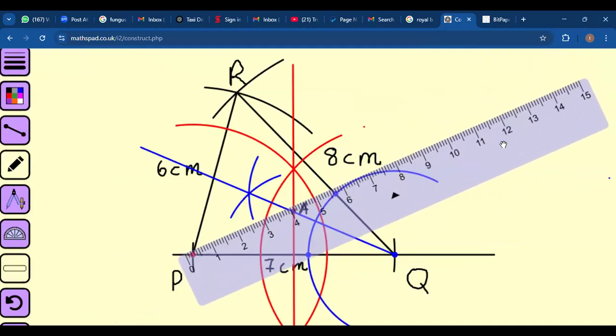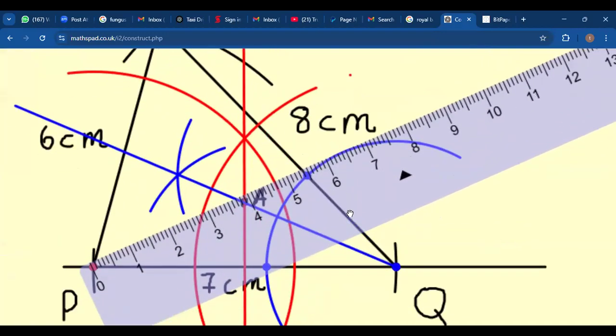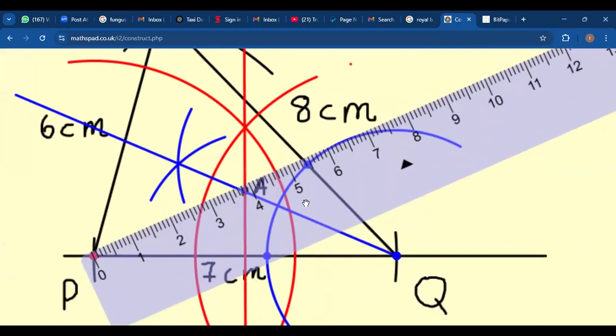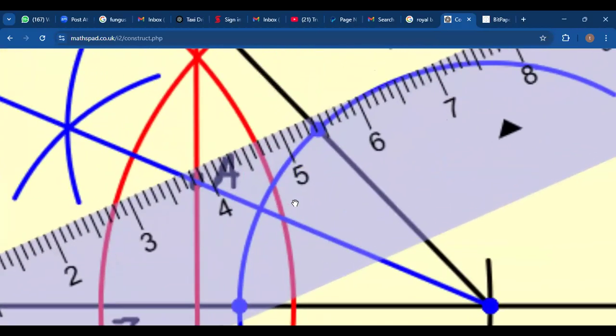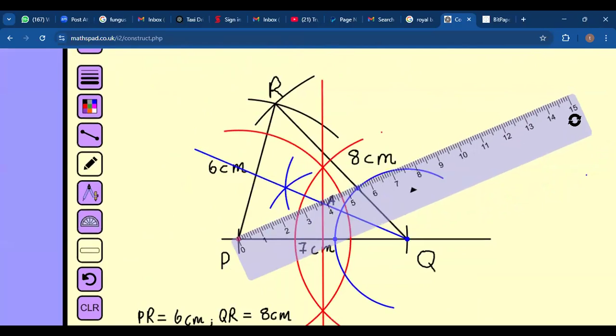What do y'all get for the distance? I got 3.5 centimeters. Oh wow, how did you get 3.5? I got 3.6, 3.7, 3.8, one of them. Let me straighten this. You're right, Mr. Petit.